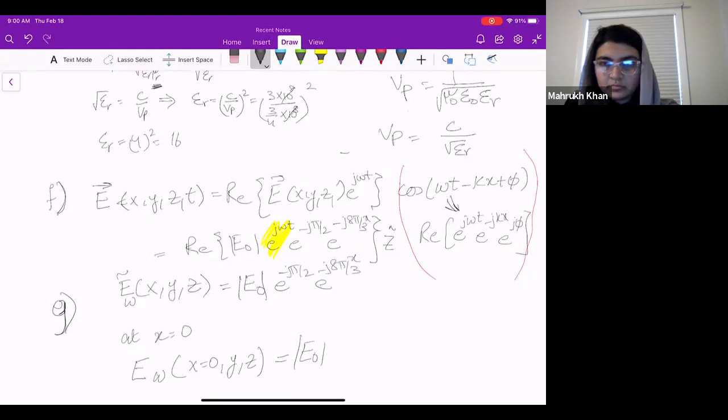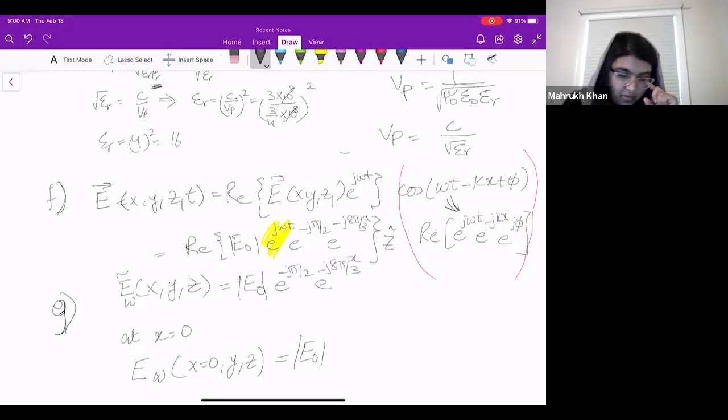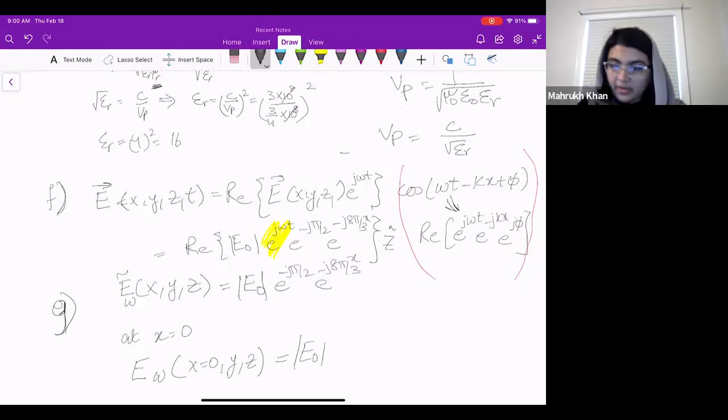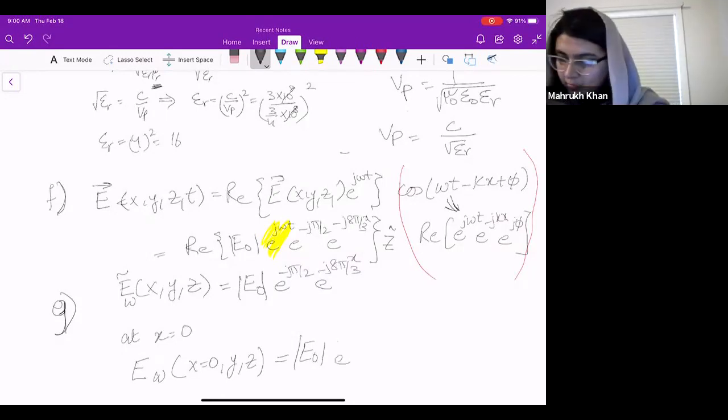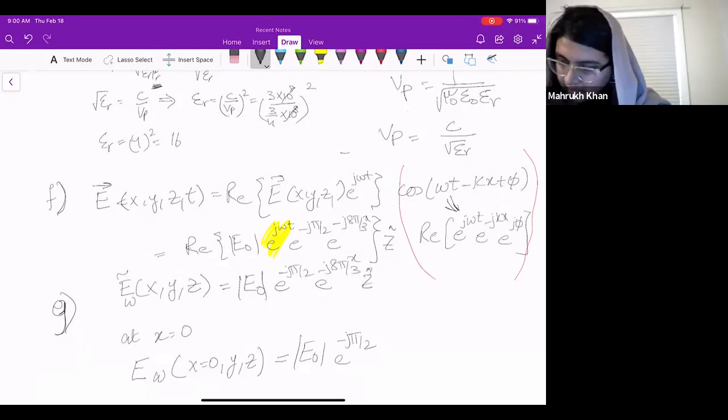So what would be my phasor here? Andrew? Is it just e to the minus j pi over 2? Yes, why? Because the e to the negative j 8 pi over 3 x is just going to go to 1. Yes, because x will be 0 and it will become 1. That's very right. So this will be the phasor now. I'm just writing the unit vector in it.